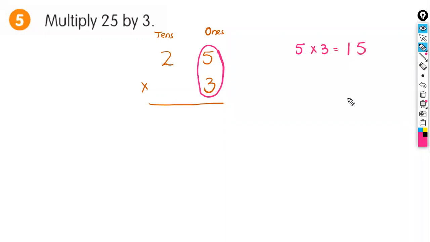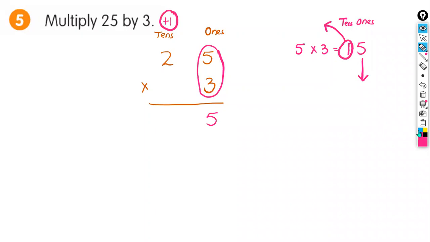Now it is 15. The 5 is present in the ones column and the 1 will be present in the tens column. So 5 will go down and 1 will be carried at the top. So I will write 5 here in the ones column and this 1 will be taken as a carry in the tens column. So plus 1, it is a carry now.